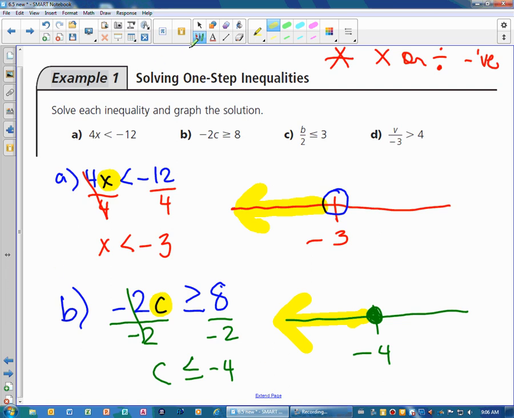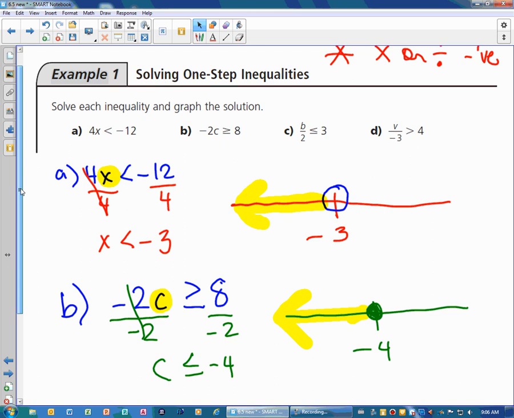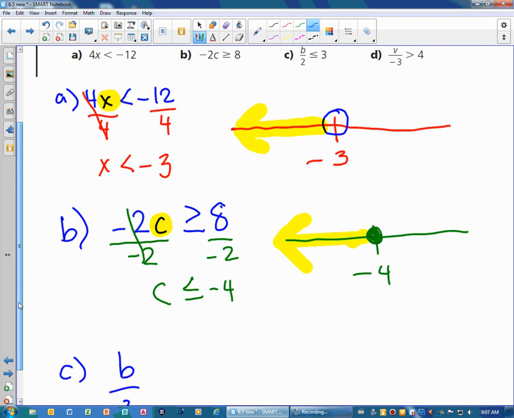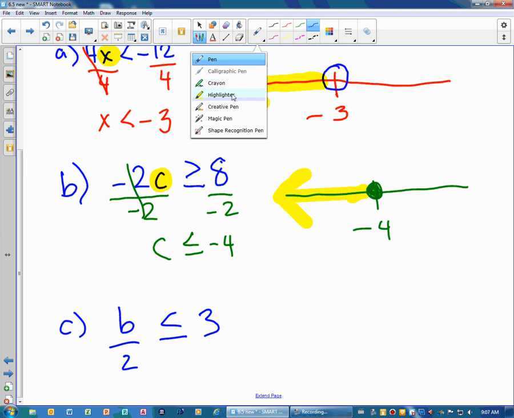All right, let's keep going. I'm going to extend my page here. C is b over 2 less than or equal to 3. Here's my variable. Now this looks a little funny, doesn't it?